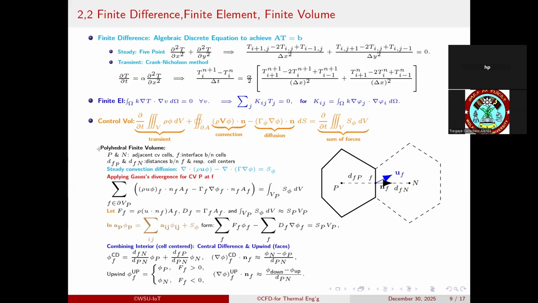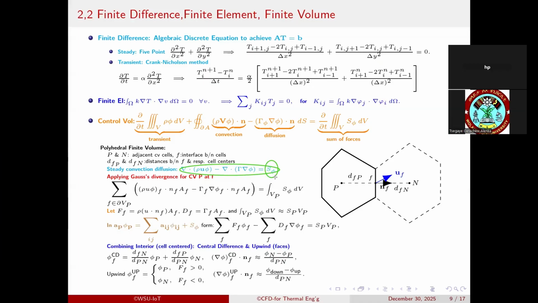Consider the one-dimensional steady Gaussian diffusion equation. This is scalar phi in generic form. Rate of change or temporal change at the left-hand side plus net change of momentum, which is the difference of convection and diffusion, equals source.